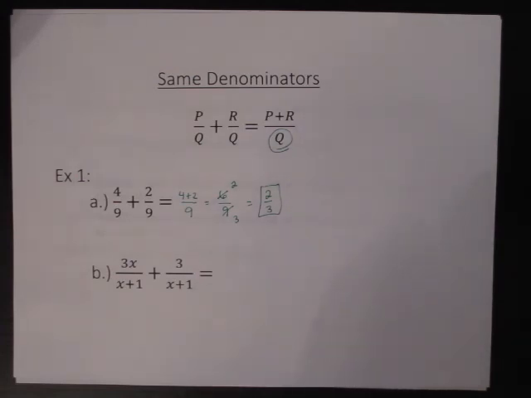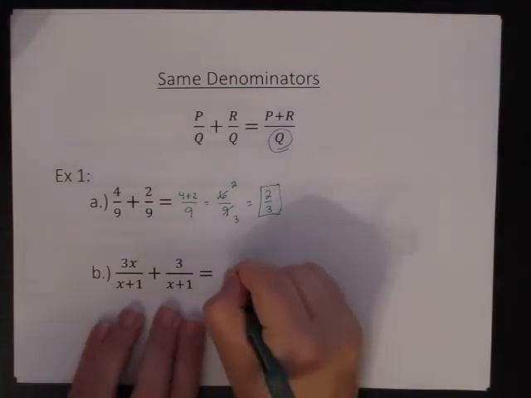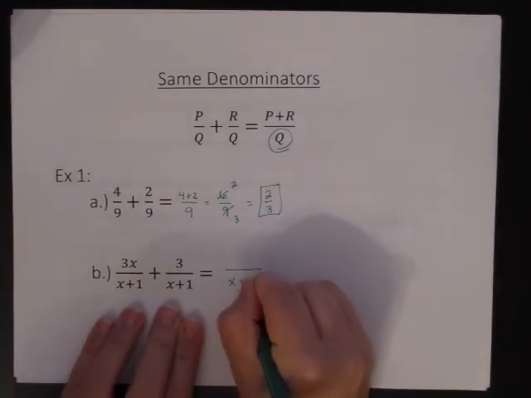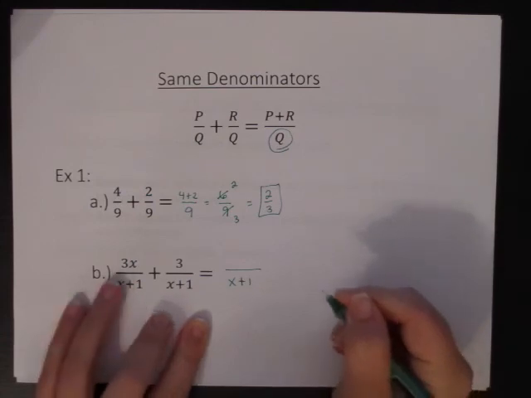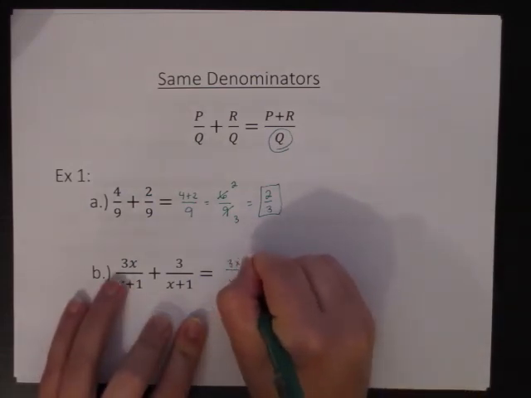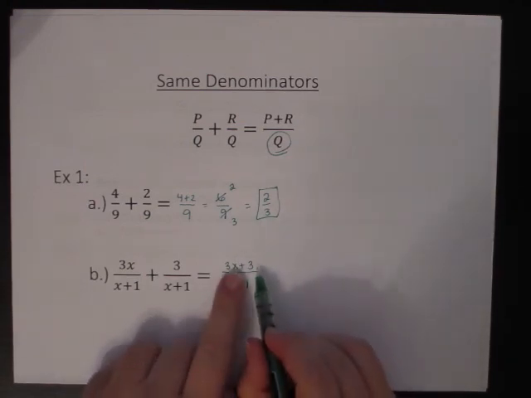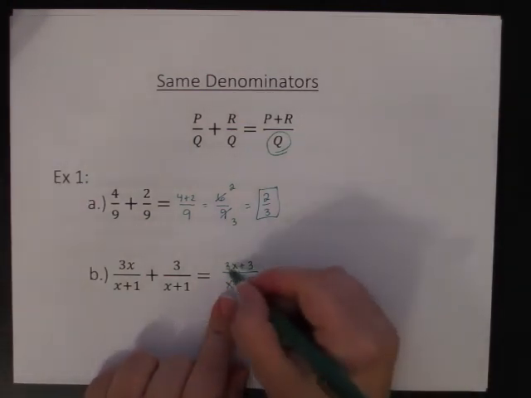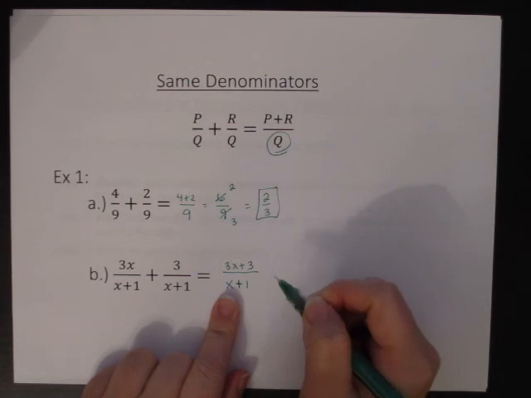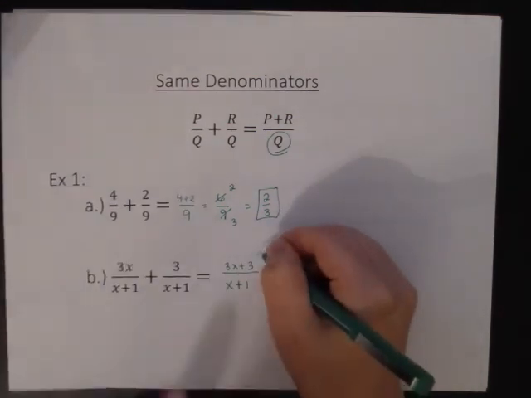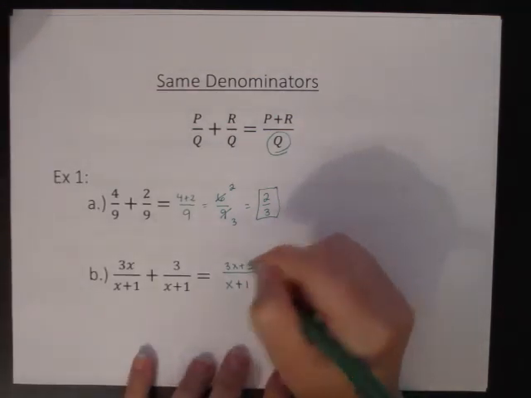So now we have 3x over x plus 1 plus 3 over x plus 1. So again, we keep the x plus 1. And then we add the top, so I go 3x plus 3. I can't combine those two because the terms aren't exactly the same. But what I can do with my numerator is clean this up. I've got two terms, so it can be a GCF or a difference of perfect squares.